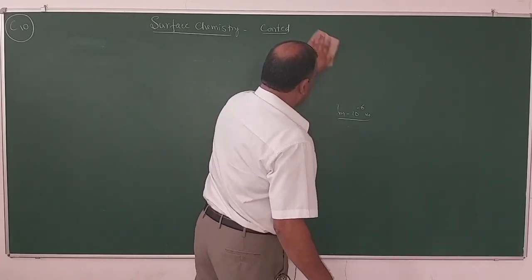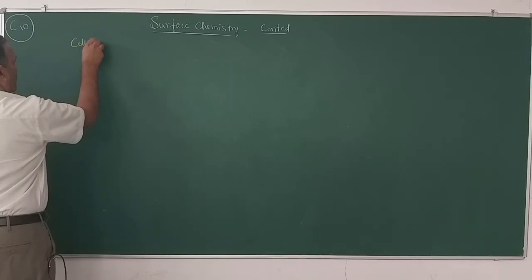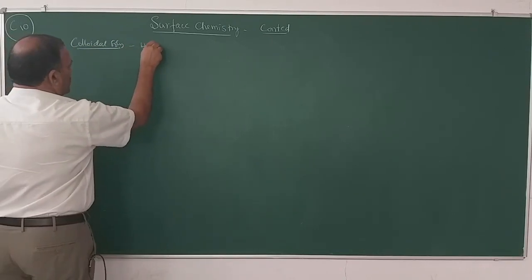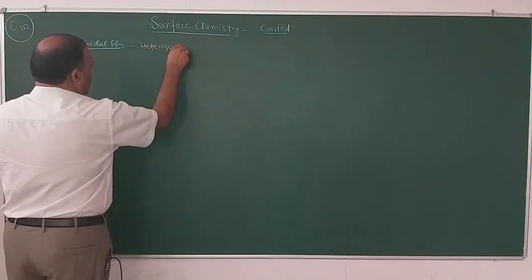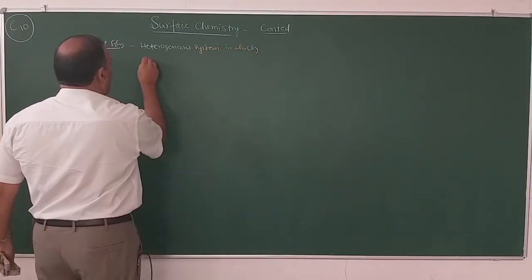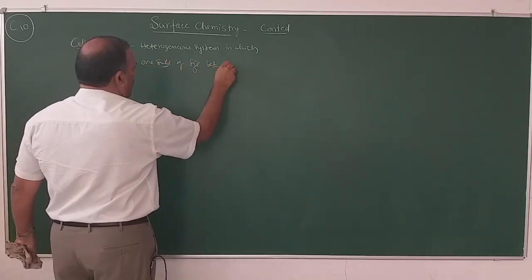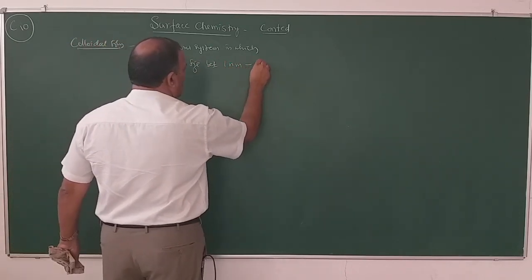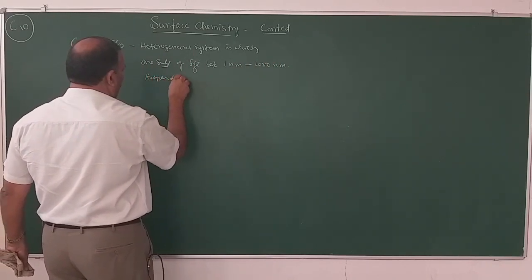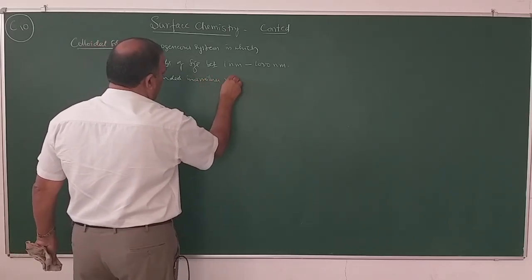So now we will define what is a colloidal solution. A colloidal solution is a heterogeneous system in which one substance of size between 1 nanometer and 1000 nanometer is suspended in another medium.